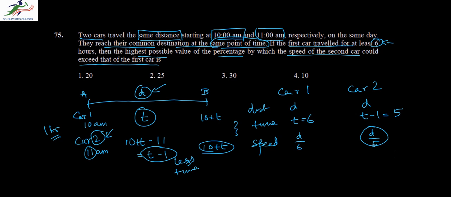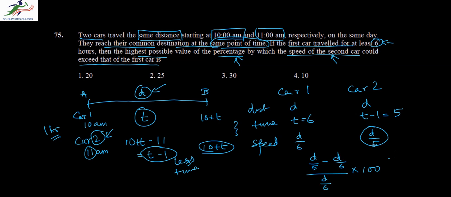So we are asked to find the percentage by which the speed of the second car exceeds the first car. Which is nothing but (d by 5 minus d by 6) over d by 6, into 100.